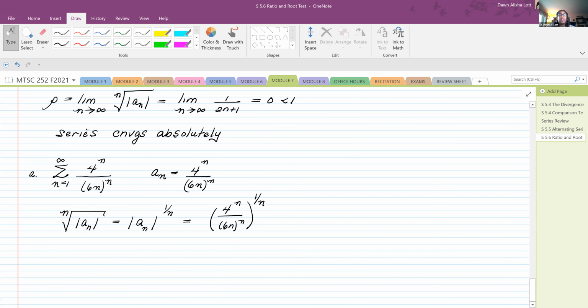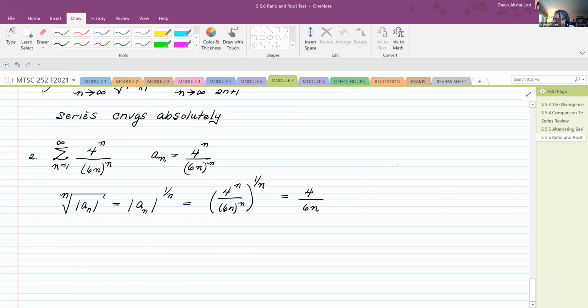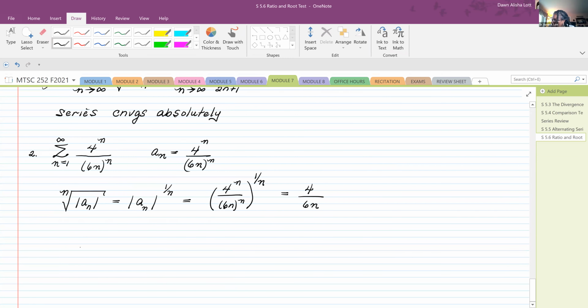So that's 4 to the n to the 1 over n, so that's 4. And that's (6n) to the n to the 1 over n, so that's 6n. Okay, so that's what we get. Then rho is equal to the limit as n approaches infinity of 4 over 6n. And that's 0, which is less than 1. So the series converges absolutely.